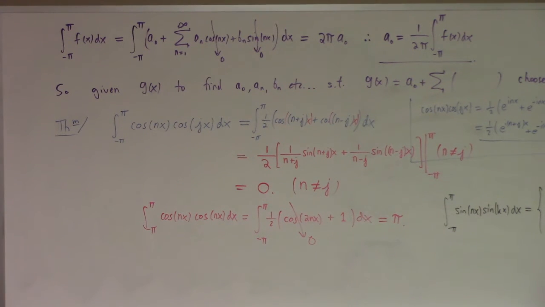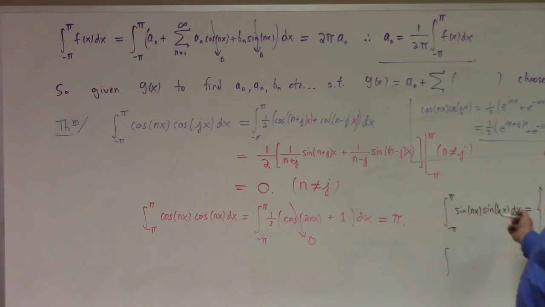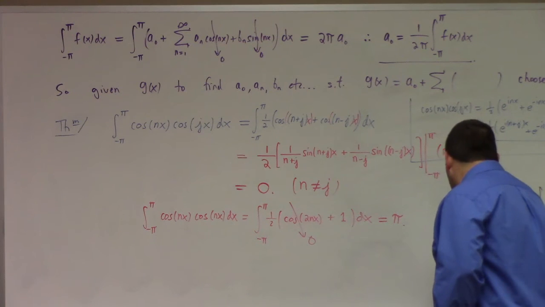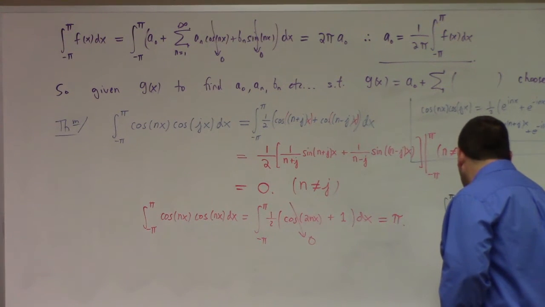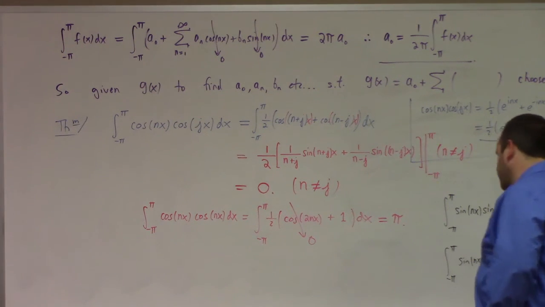And then there's one other case to consider. The calculation of these is very similar to the one we just did, so I won't do it. But also the integral from minus pi to pi of the sine of nx times the cosine of kx dx, well, that's just 0.